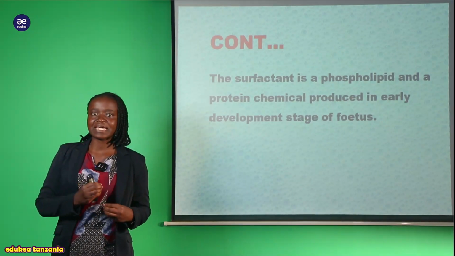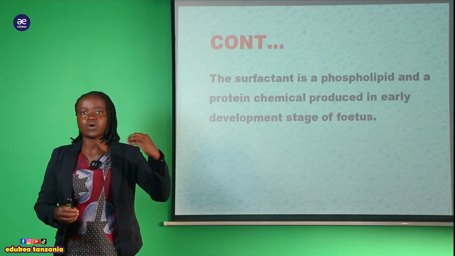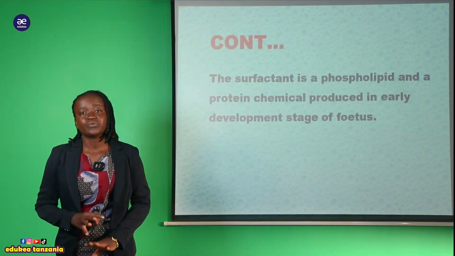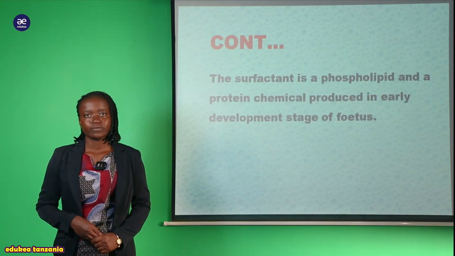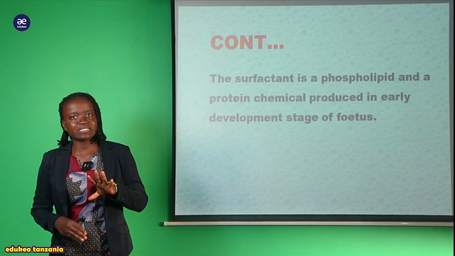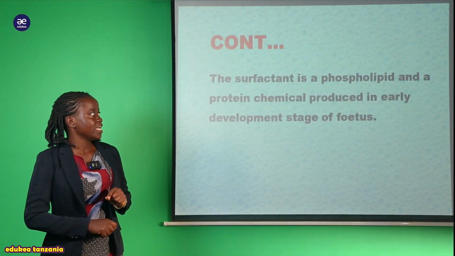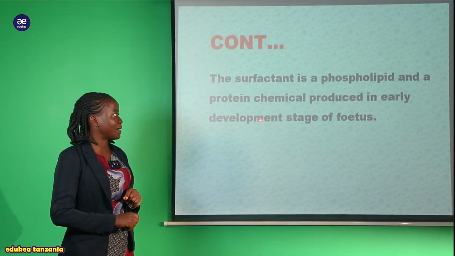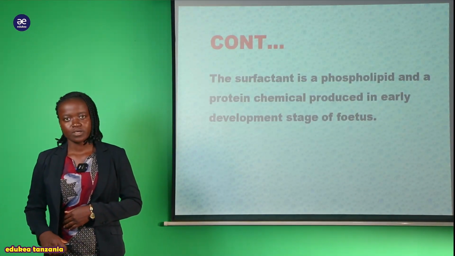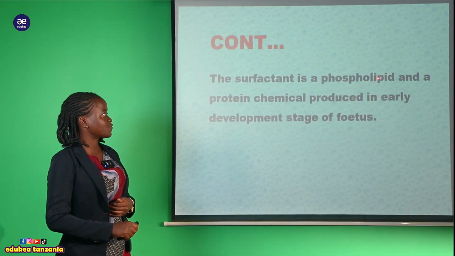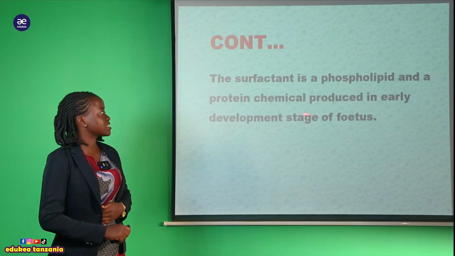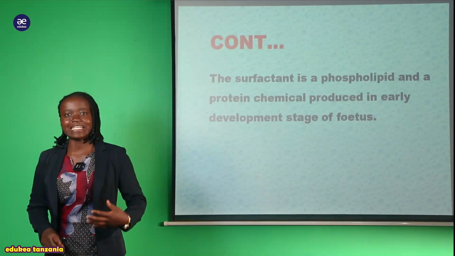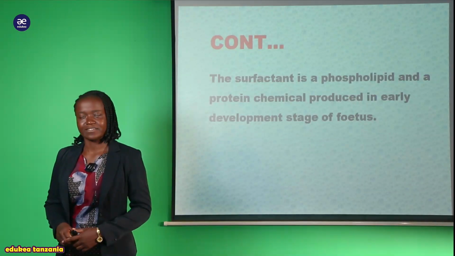Imetengenezwa na nini ndani yake hii surfactant mpaka ina uwezo wa kuprovide surface tension to the lungs in general? Tunasema kwamba hii surfactant ndani yake imetengenezwa na phospholipid pamoja na protein chemicals. So these protein and phospholipid chemicals zina be produced on the early stage of the fetus.